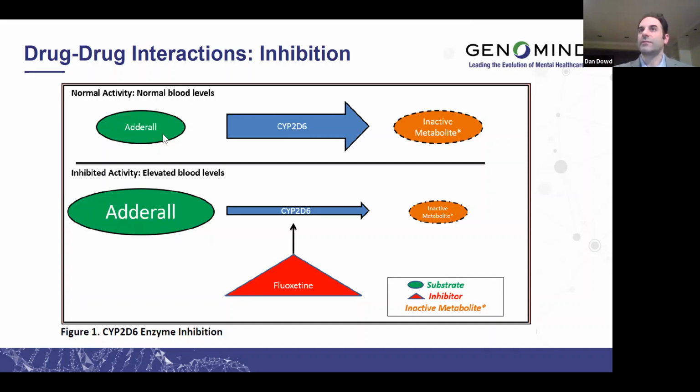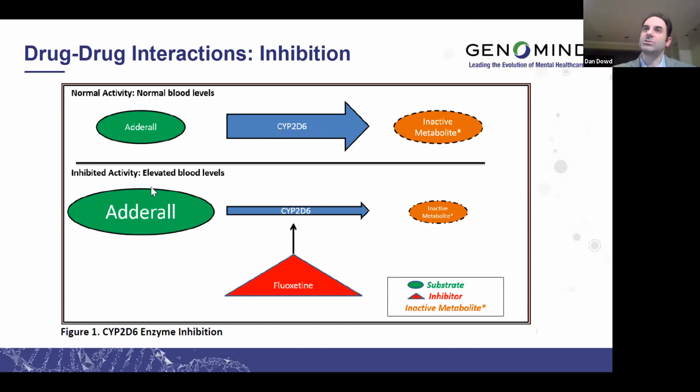Let's imagine you were giving somebody Adderall or an amphetamine or lisdexamfetamine, whatever you prefer, something in the amphetamine family. All of the amphetamines are metabolized by CYP2D6 into an inactive metabolite. Okay, this is what normally happens up top.